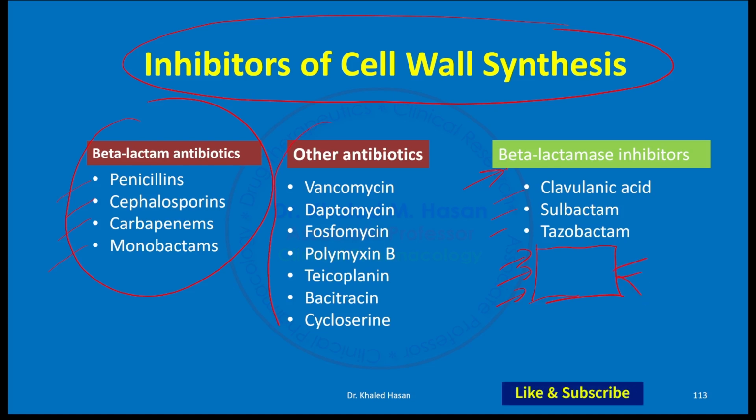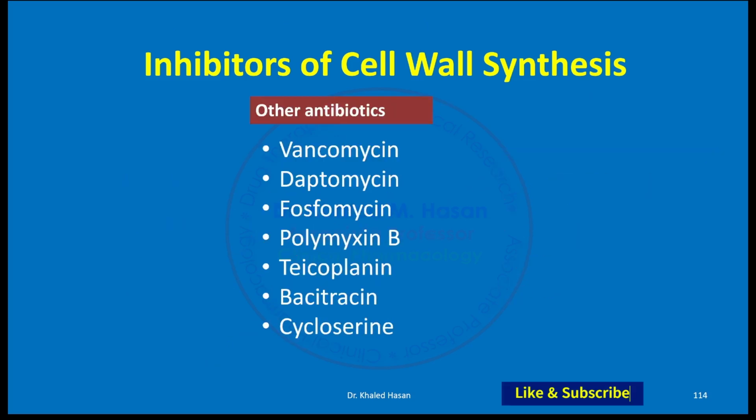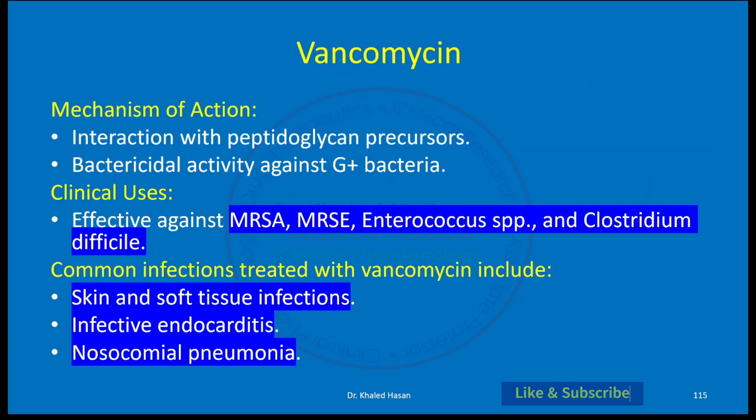Today we are going to speak about some of these other antibiotics such as vancomycin, fosfomycin, daptomycin, polymyxin, and bacitracin, which we use for skin infection, like a local effect for skin infection. Okay, so start with the first medication in this group, vancomycin.